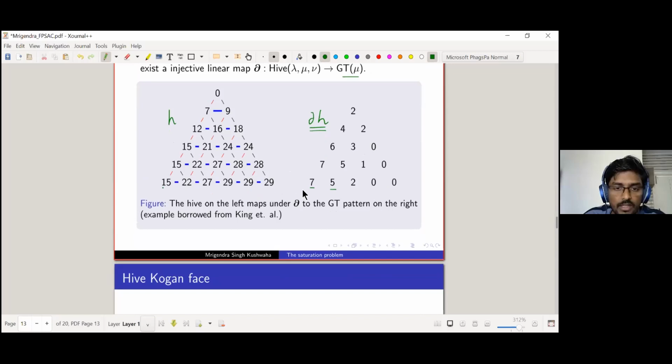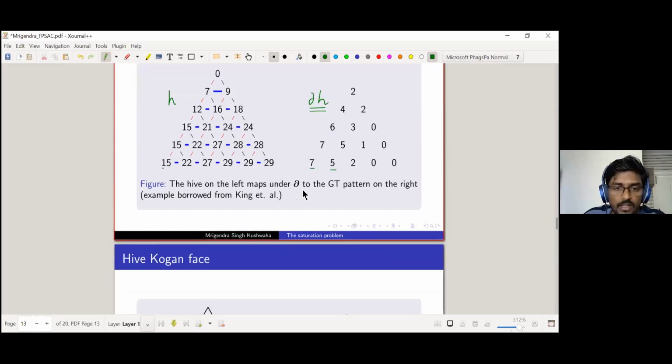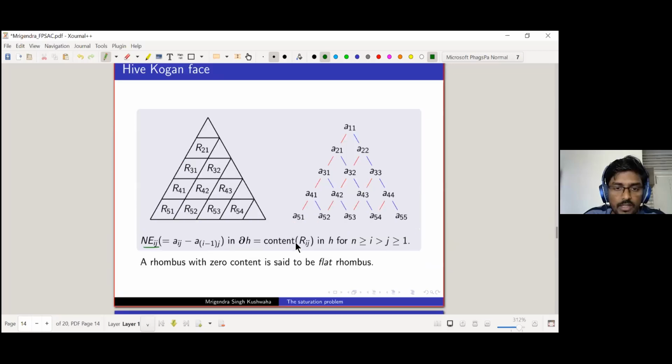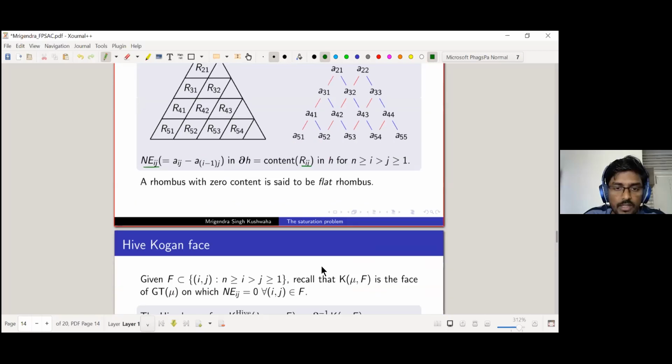For delta H, the northeast inequality N_ij is exactly equal to the content of the northeast rhombus R_ij. I have marked only the northeast rhombi R21 and R2 here. When this content is 0, a rhombus with 0 content is called a flat rhombus.